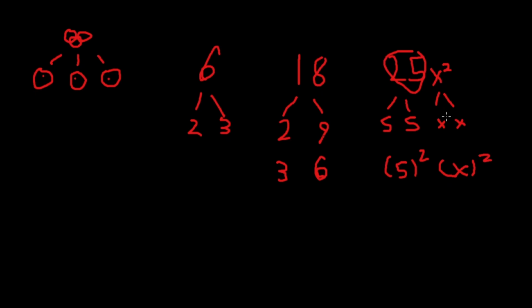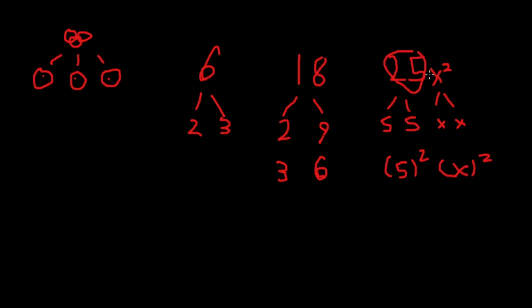So because we know part of it is 5 squared, part of it is x squared, and when two numbers, or a number and a variable, are next to each other, it basically just means we're multiplying.